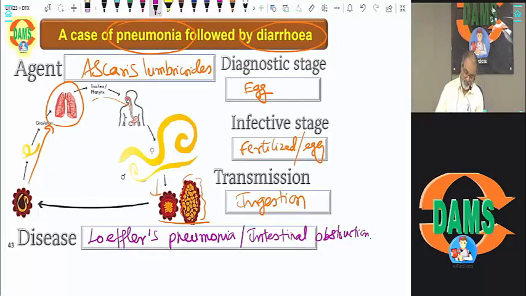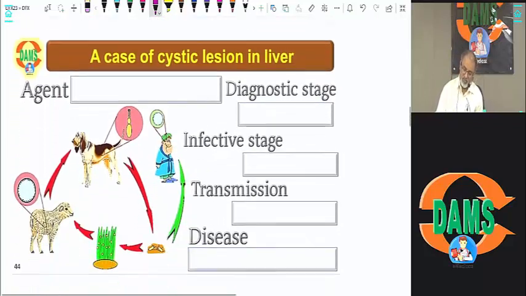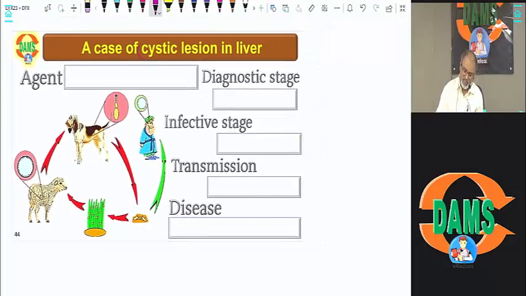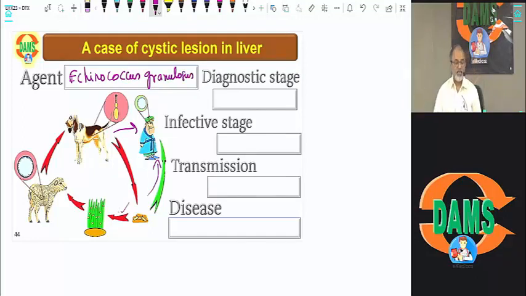Next is a case of cystic lesion in liver. What cyst? Hydatid cyst, because the dog excretes the egg, man takes the egg, and the life cycle continues. So the agent is Echinococcus granulosus.